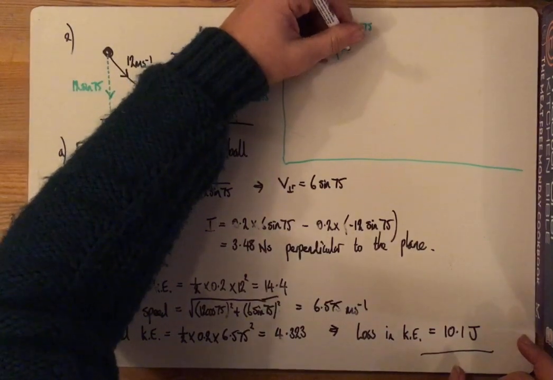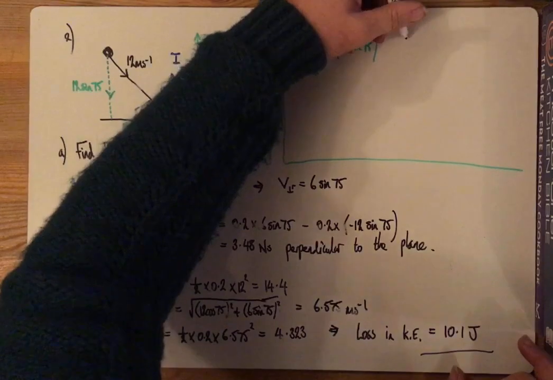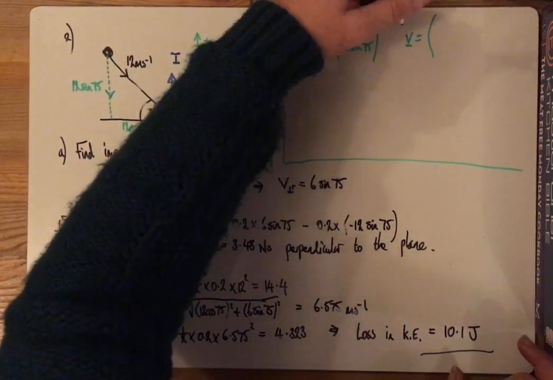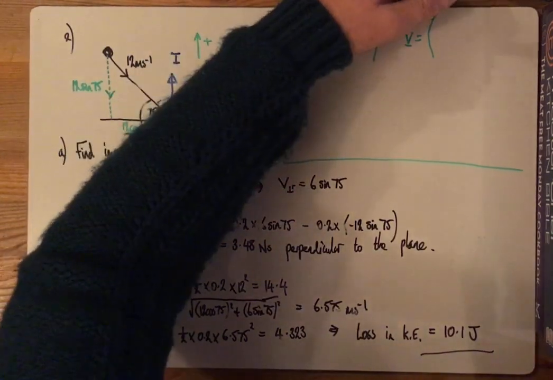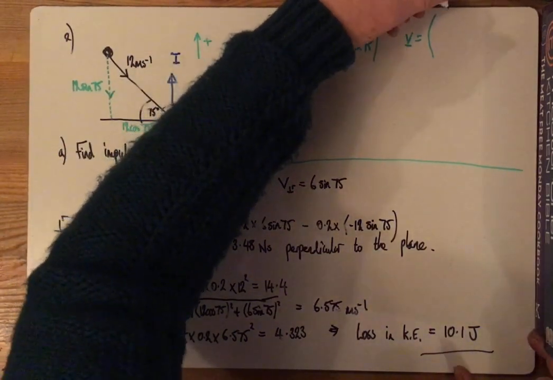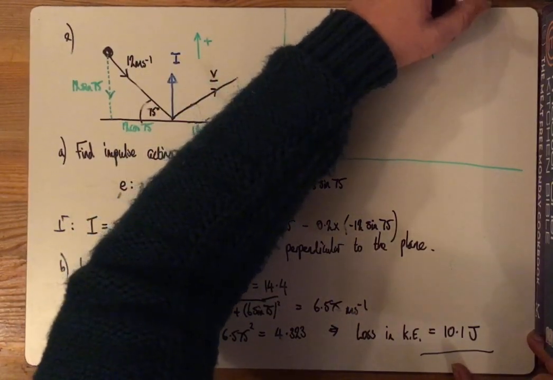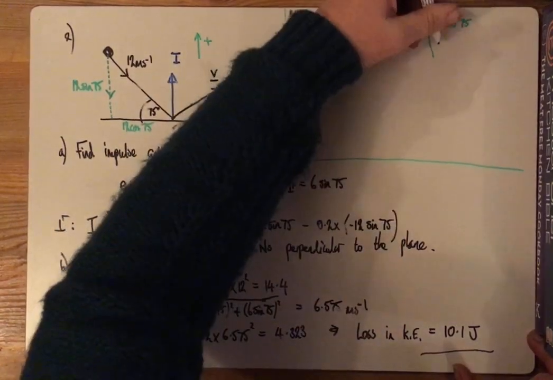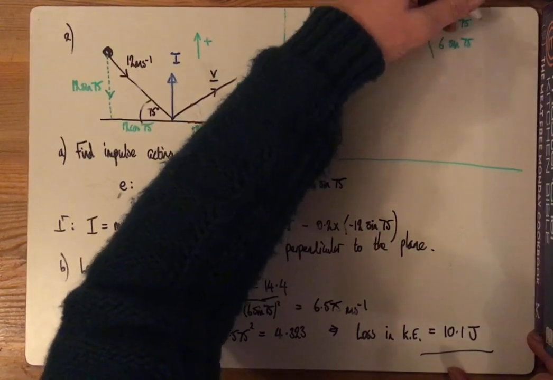So minus 12 sine 75. And then the final velocity, this component is unchanged horizontally, so that's 12 cos 75 still. Coefficient of restitution is a half times 12 is 6, but it's going up, so that's 6 sine 75.